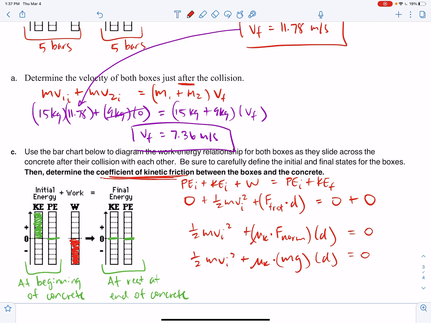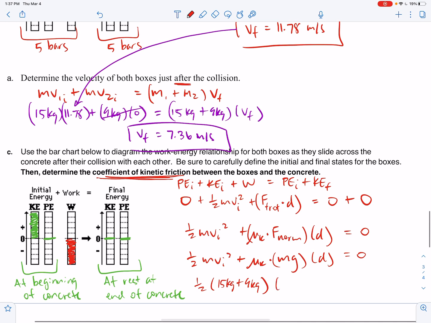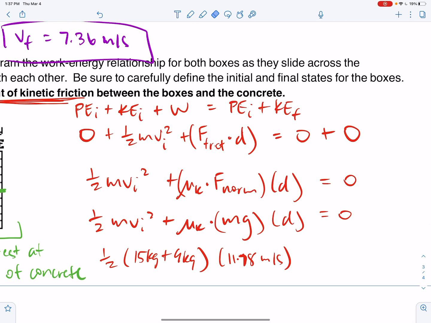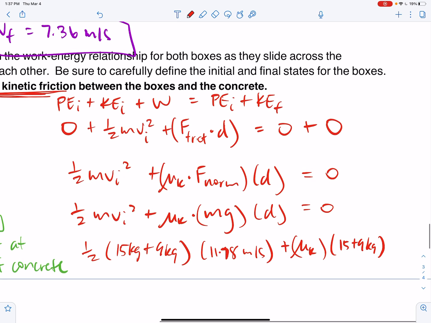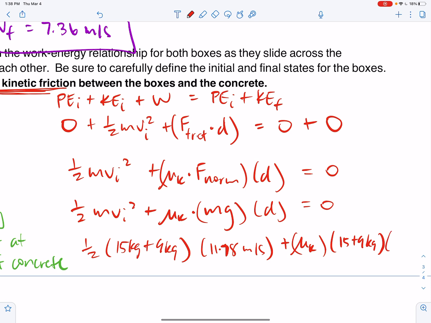All right, plugging in the numbers. So I've got 1/2 the mass, which is the combined mass of both of them, 15 kilograms plus 9 kilograms, times their initial velocity, which is the 11.78 meters per second, squared, plus my mu value, times their combined mass, which is the 15 plus 9 kilograms, times 9.8 times 8 meters.